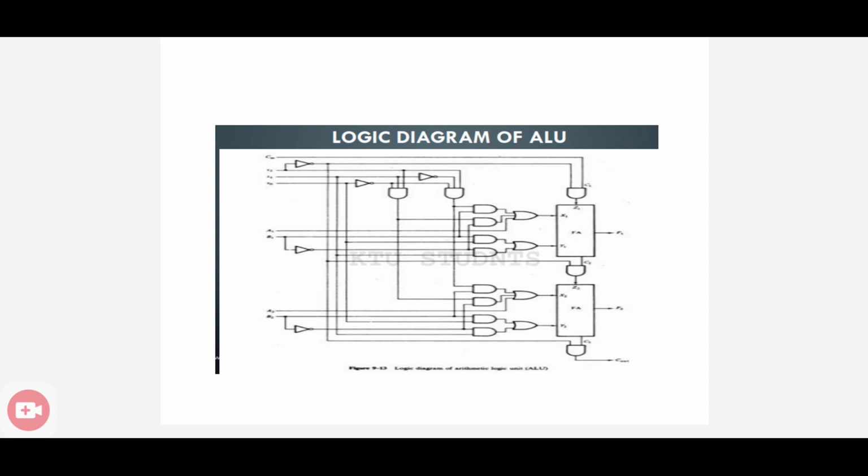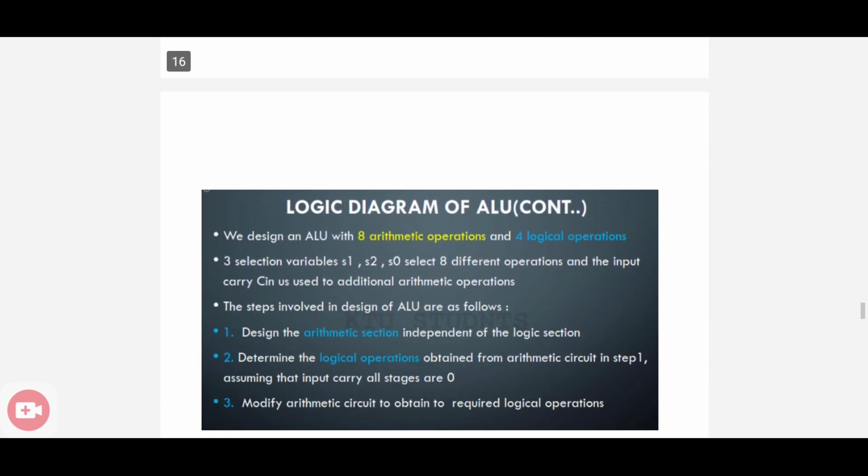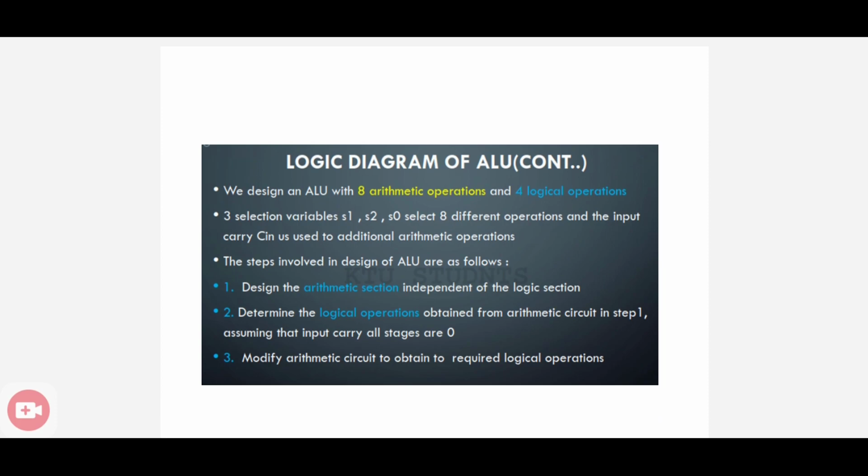One mode select variable is S2, and there is also a carry-in input. By using this logic diagram we can implement 8 arithmetic operations as well as 4 logical operations. There are 3 selection variables, S2, S1 and S0. S2 is the mode select, S1 and S0 are the function select.